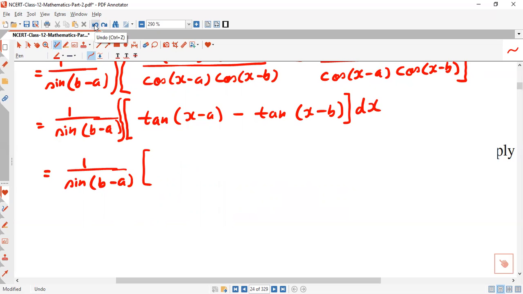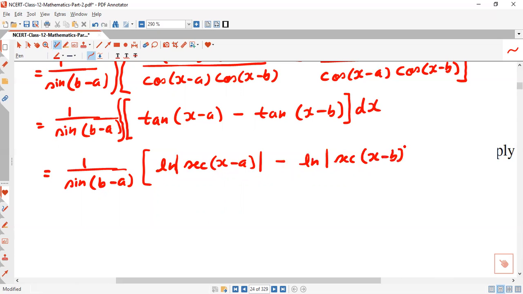The integration of tan x is log of sec x. So it becomes log of mod sec(x minus a) minus log of mod sec(x minus b) plus some constant c.